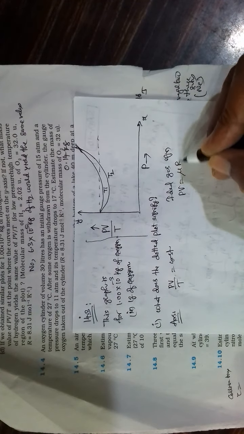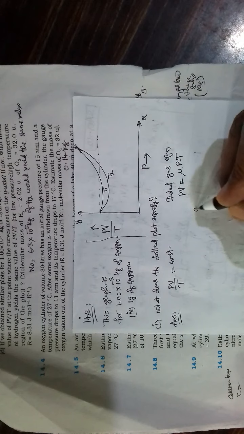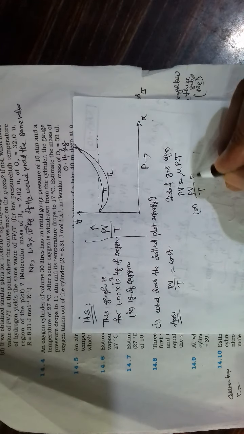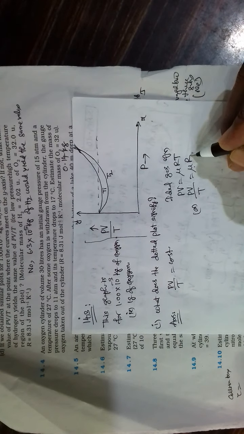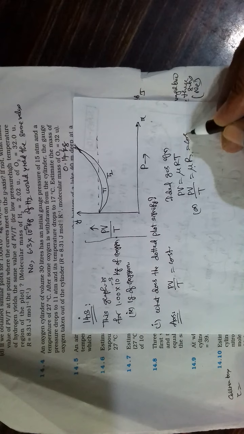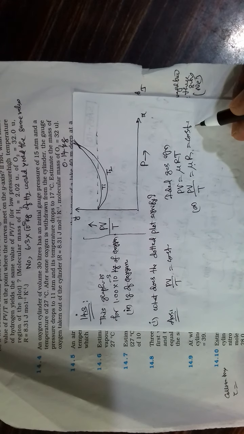PV is equal to mu RT or PV by T is equal to mu R. Mu is a constant, R is a constant. So, according to ideal gas, PV by T is constant.